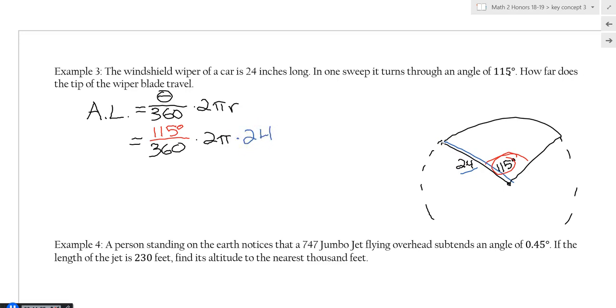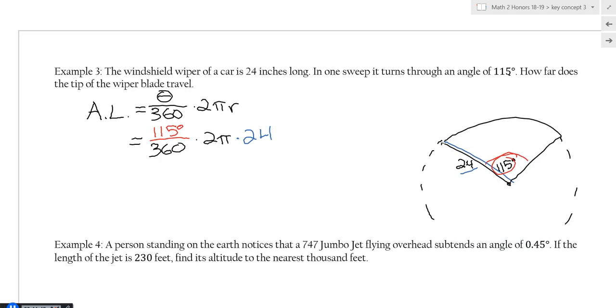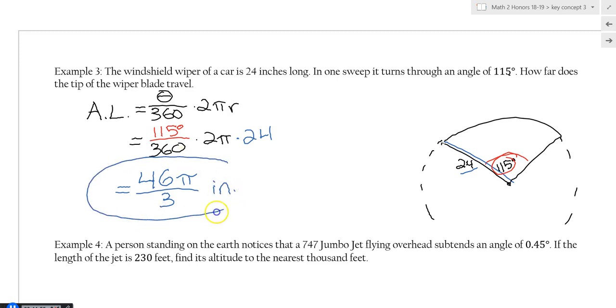Technically, I don't need to split anything up in my calculator. I can type this in all at the same time. I have 115 divided by 360 times 2 times 24, right? The only thing I don't type in my calculator is that pi. And we get 46 over 3. And the pi goes with the numerator. 46 pi over 3, and this is in inches.